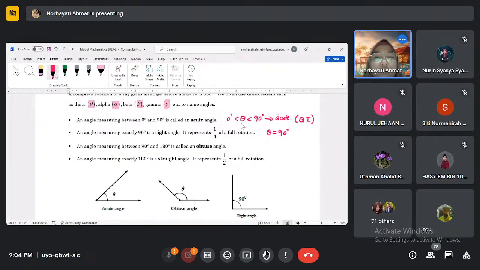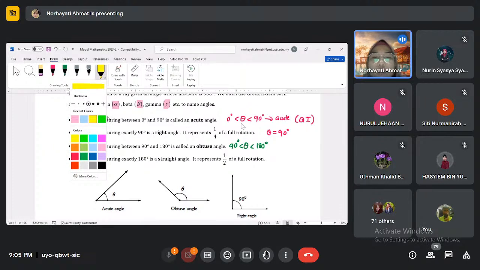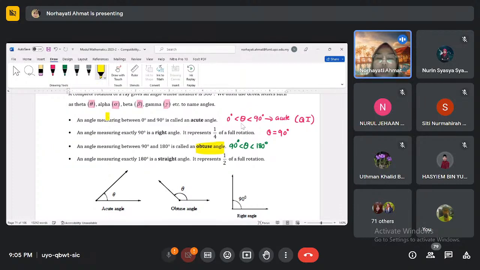Okay, if the theta is between 90 to 180 degree, okay, maksudnya greater than 90 degree, less than 180 degree, so we call this angle as obtuse angle. Okay, obtuse angle. So this theta lies in quadrant 2. Okay, quadrant 2.